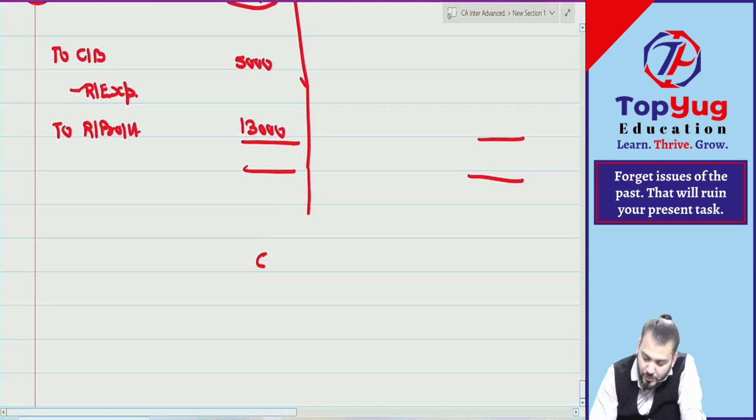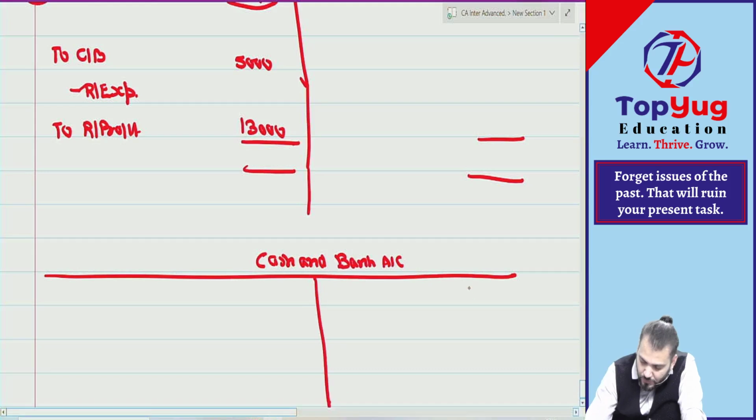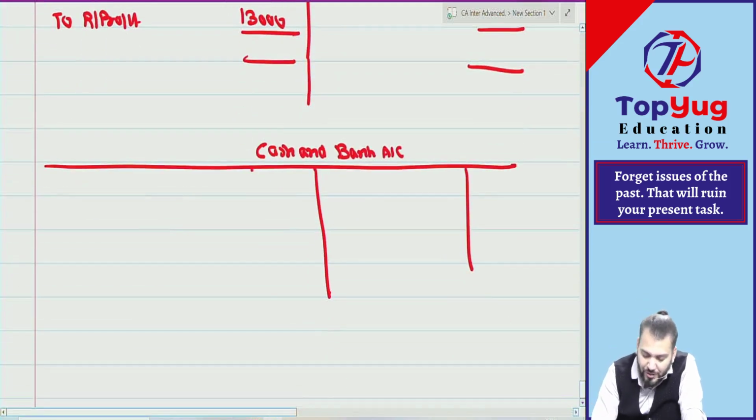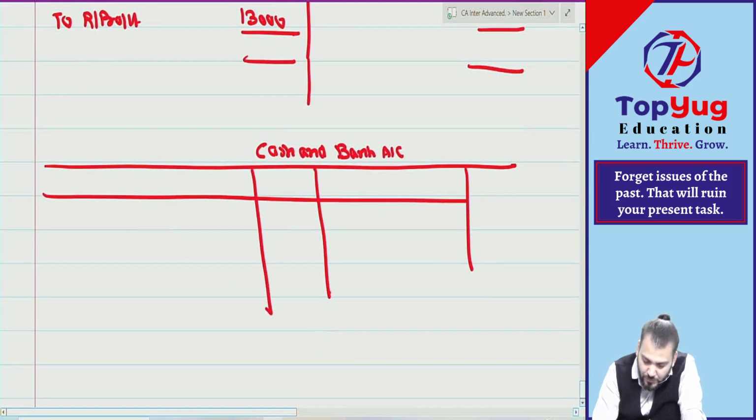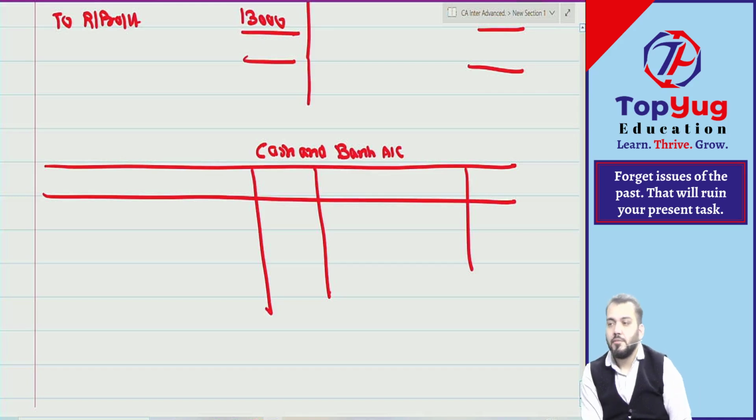Bolo. Then we'll prepare which account? Cash and bank account. This you do. Let's see how you are reacting. Cash and bank account you prepare. Let's see how you are reacting.